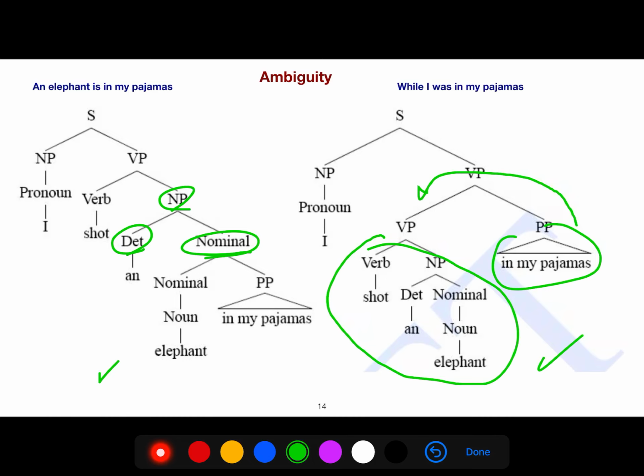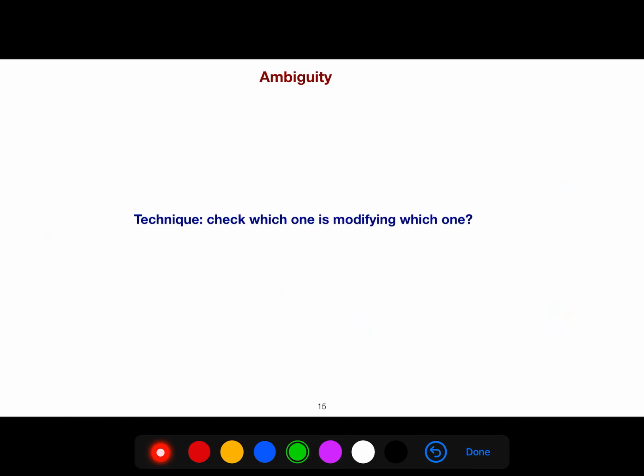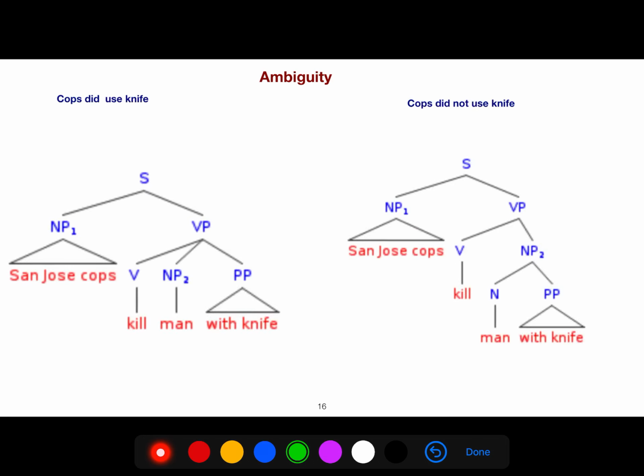Sometimes the left child is modifying the right child. You just use the word modifying, and you understand if you're doing it correctly or not. But don't worry, these are the works of crowdsourcers, and we pay them to do this. And it has already been done for the Penn Treebank, so no problem.